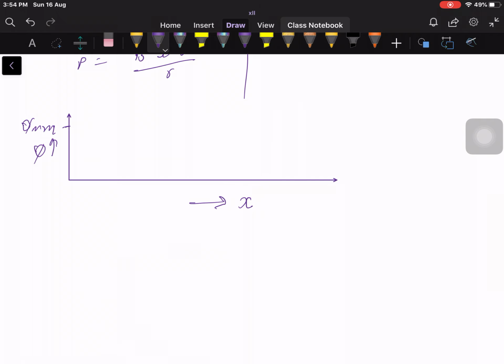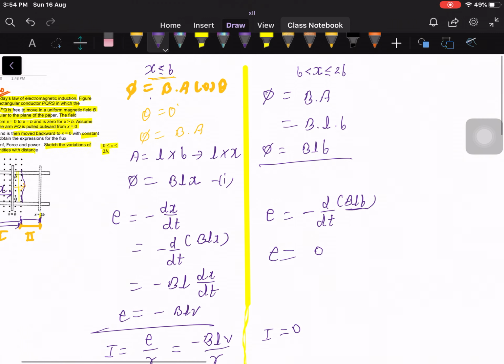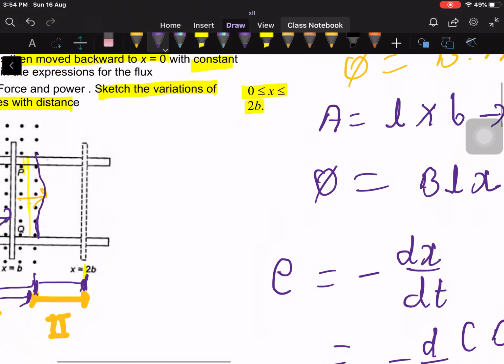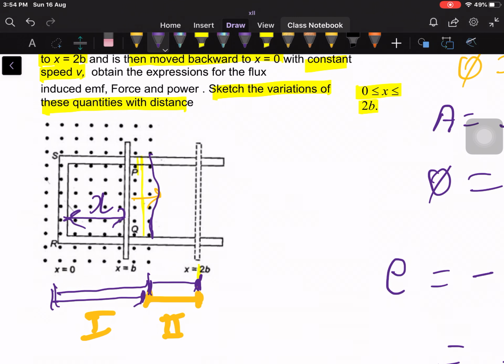So initially, when the arm is here, starting from x equal to 0 and reaching x equal to b, at that moment flux is continuously increasing, and at this point it will become maximum.